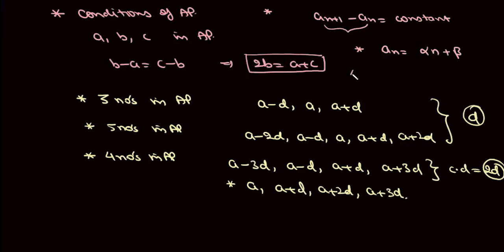Or they may give you a second difference condition, which is A(n+2) minus 2 A(n+1) plus A(n) equals 0. That is, 2 times A(n+1) is equal to A(n+2) plus A(n), which again is the same condition of an AP. So all these four can be used to specify an arithmetic progression.